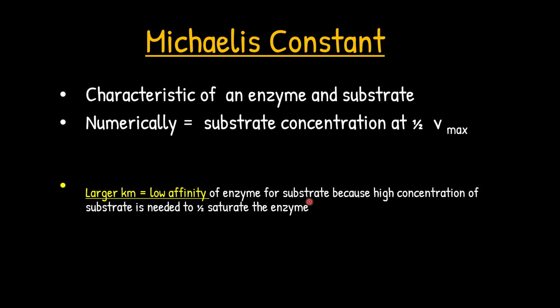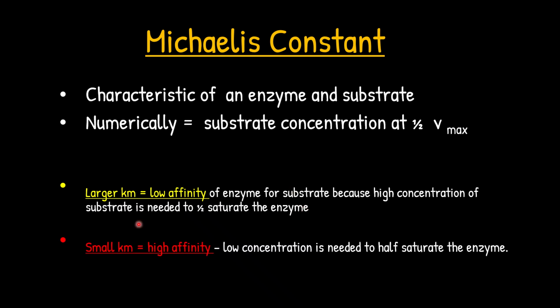Km is the substrate concentration at half Vmax, so if Km is more, more substrate is needed to half saturate the enzyme. That means the affinity is low. Smaller Km means high affinity, that is, only a low concentration of substrate is needed to half saturate the enzyme. So this is an important concept: larger Km means low affinity of the enzyme and small Km means high affinity.